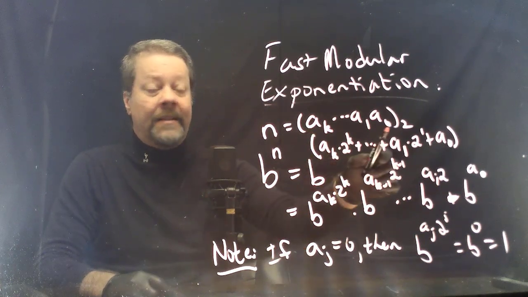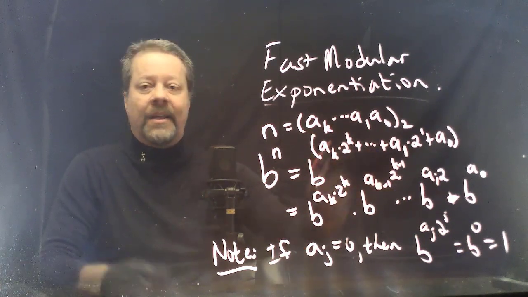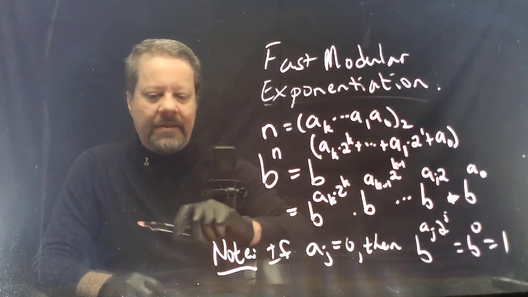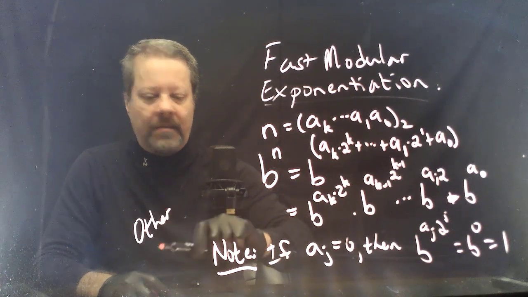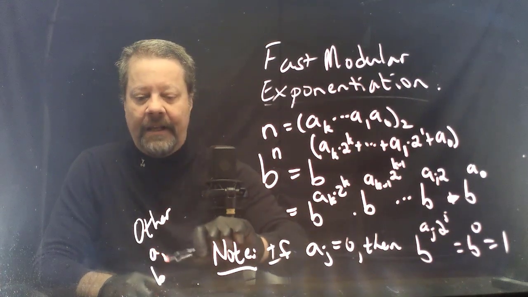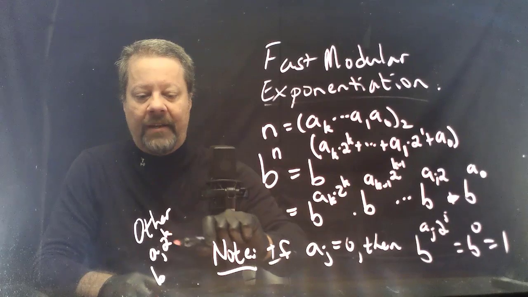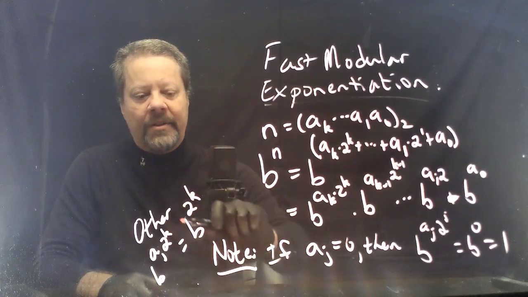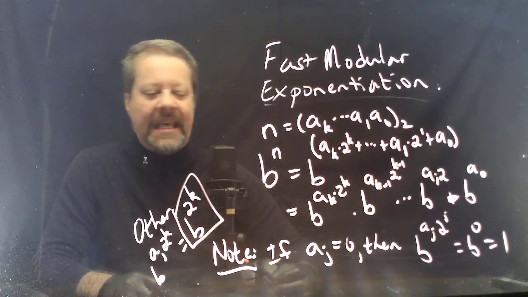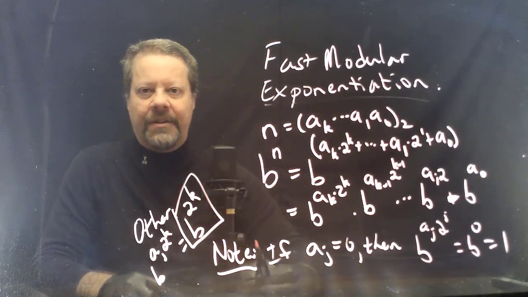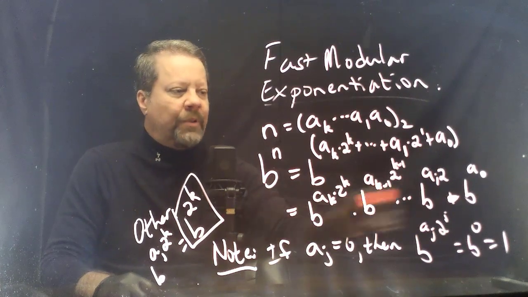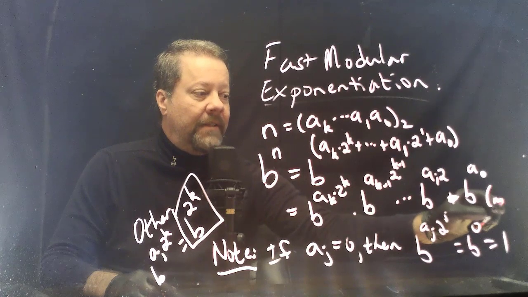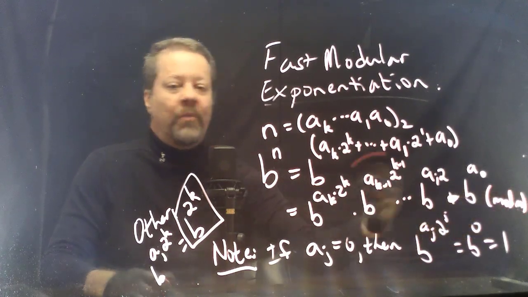If we're assuming that this is in binary, then these digits can only be 0's and 1's, which means otherwise b to the a_j times 2 to the j will be b to the 1 times 2 to the j. So you really only have to know b to various powers of 2. Once you've multiplied the appropriate powers of 2, the next step is to take this mod m, whatever your number m is.